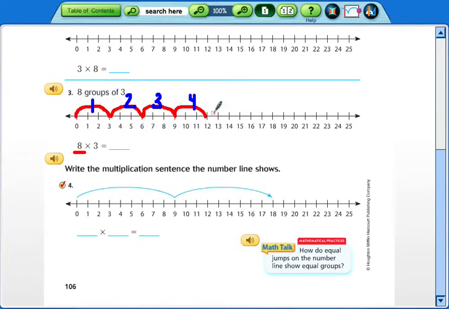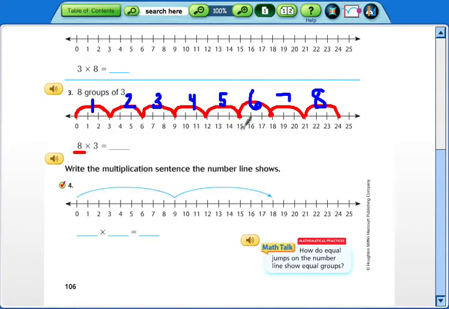Okay. 1, 2, 3. Jump number 5. Here we go. 1, 2, 3. Jump number 6. Jump number 7. I gotta have 8 jumps, so one more. 1, 2, 3. Jump number 8.